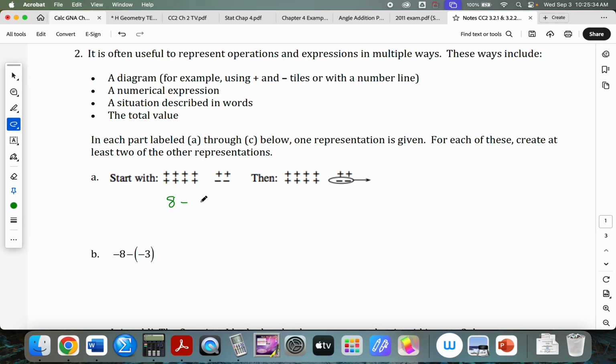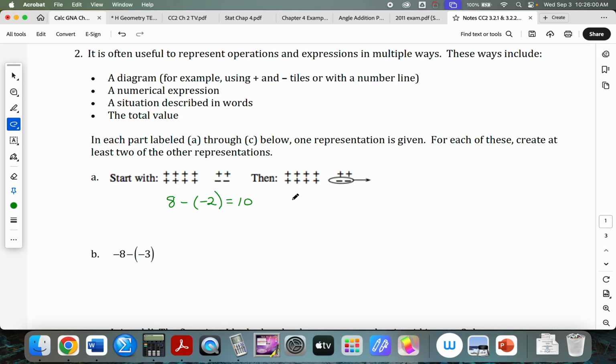And then we removed 2 negatives. And when we do that, we end up with, we've got the 8 negatives, and now we have 2 positives that aren't being zeroed out, right? So how many total do we have at this point? 10.